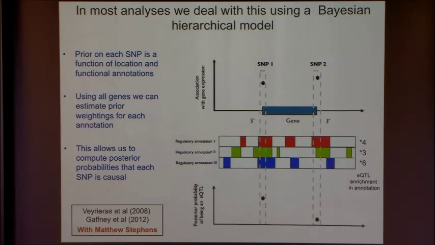The idea is that we parameterize a prior probability that any given SNP will be a causal eQTL for each gene as a logistic function of the annotations that it sits in, with a prior parameter for each annotation, and then we use all of the genes in the genome to estimate these prior parameters.